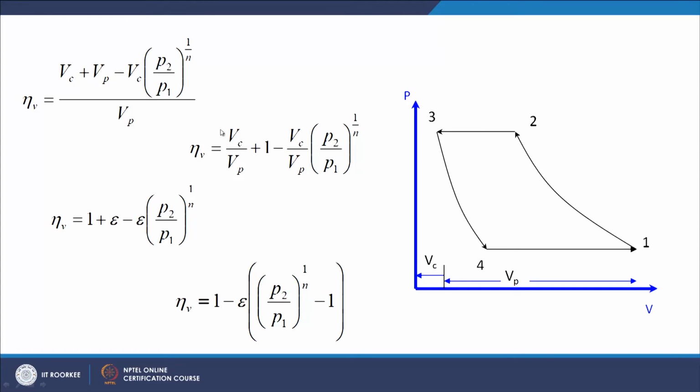Now Vc by Vp is the clearance ratio of the compressor. So volumetric efficiency is equal to clearance ratio epsilon plus (1 minus epsilon) (P2 by P1) raised to power 1 by n, and further we can write volumetric efficiency is equal to 1 minus epsilon [(P2 by P1) raised to power 1 by n, minus 1].